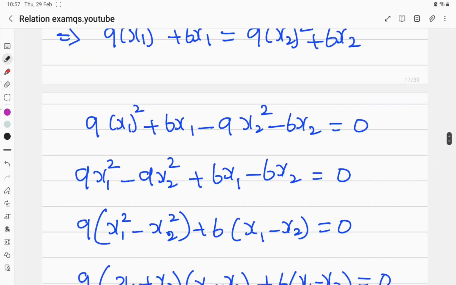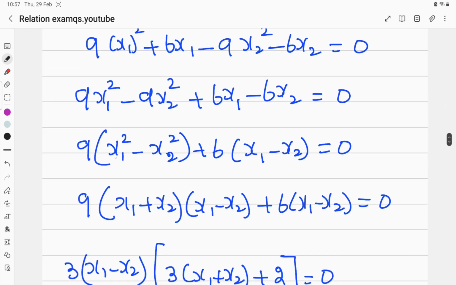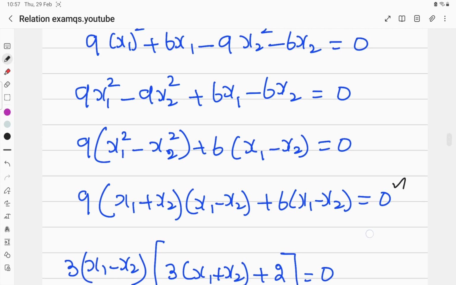we get 0. Taking 9 common, 9(x1² - x2²) + 6(x1 - x2) = 0. Then a² - b² = (a + b)(a - b), therefore 9(x1 + x2)(x1 - x2) + 6(x1 - x2) = 0.